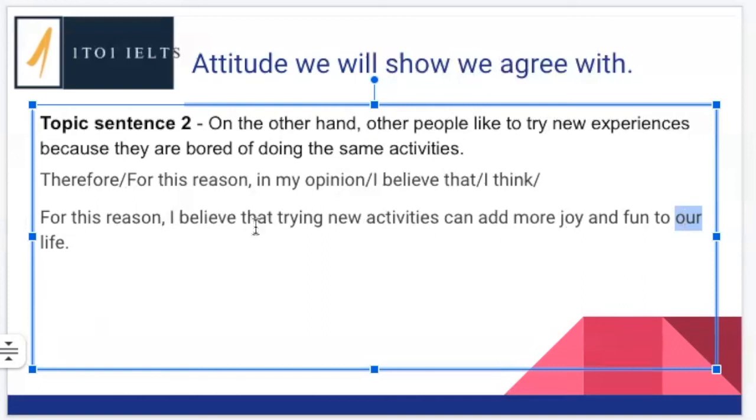Plural, because we're talking about mine and other people, so all of us. So if us is plural, then we've got to think that the lives have to be plural. So for this reason, I believe trying new activities can add more joy and fun to our lives. In your opinion statement, is it okay to use words like I and are and us?